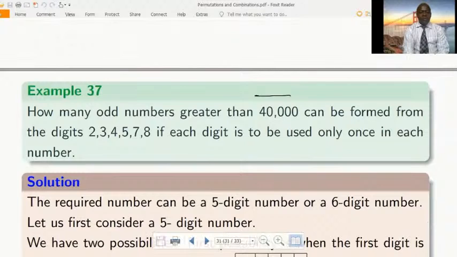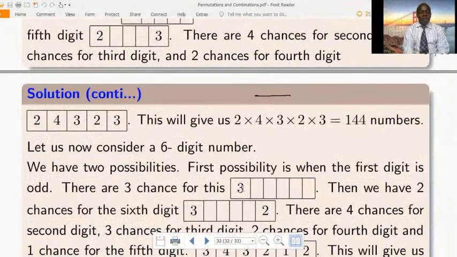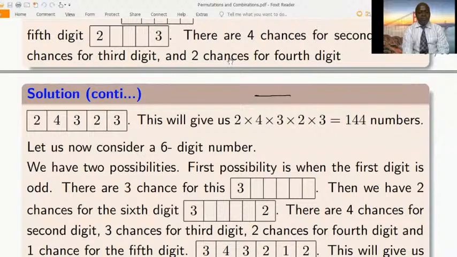So we have 3 chances for the first digit, but we've already fixed 1, which leaves 2 for the 6th digit. After fixing the first and the 6th positions, we are left with 4 numbers. So we shall have 4 chances for the second position, then 3 chances, then 2 chances, then 1 chance.